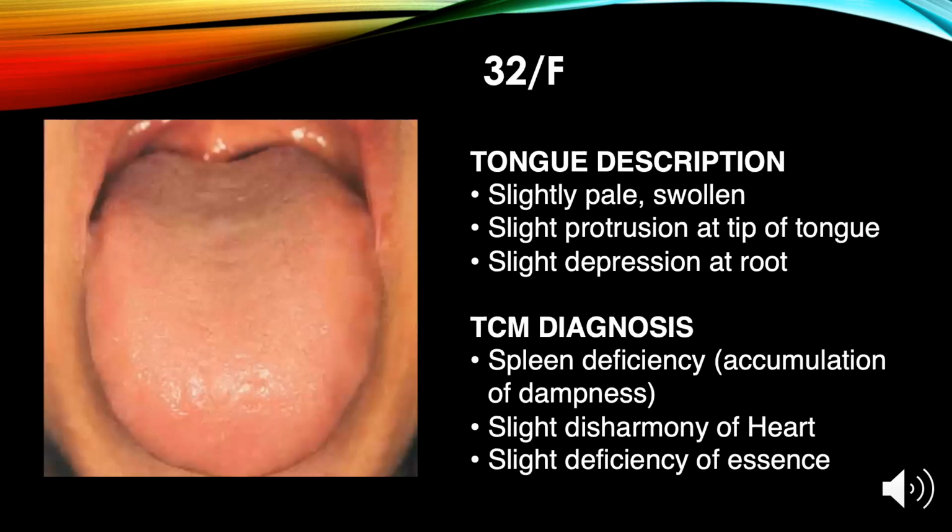Next, we have a 32-year-old female whose tongue is slightly pale, swollen, slight protrusion at the tip of the tongue, and slight depression at the root. TCM diagnosis: spleen deficiency with accumulation of dampness, slight disharmony of the heart, slight deficiency of essence.